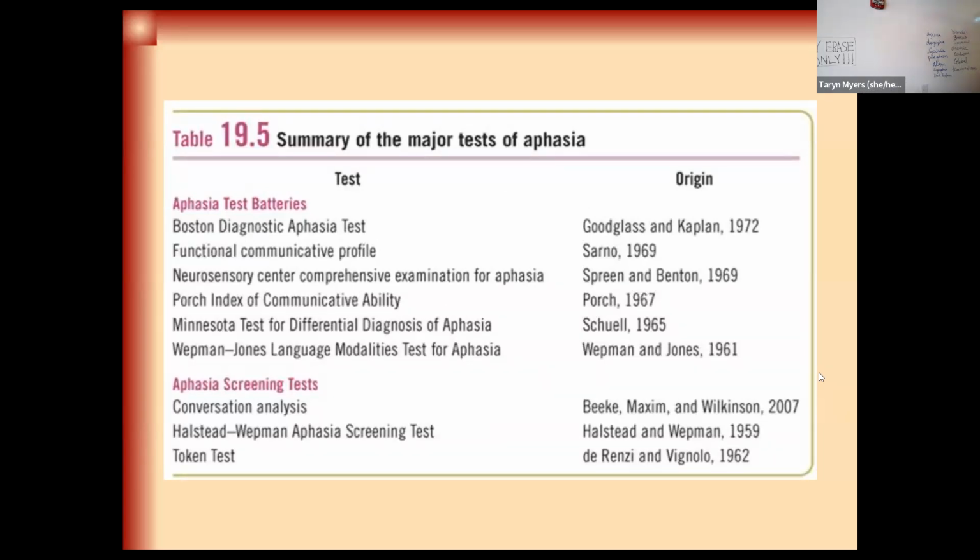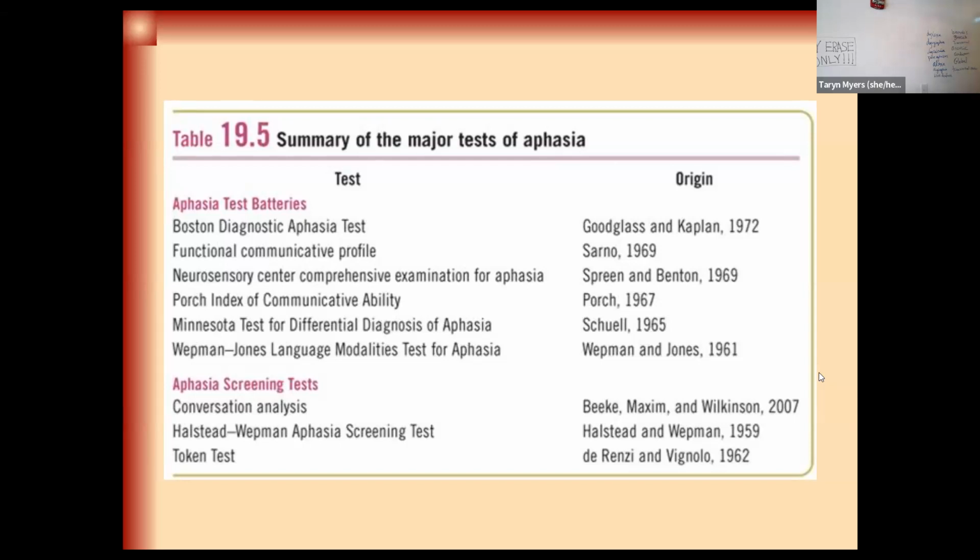So I think we mentioned the Boston Diagnostic Aphasia Test before. This is where the Boston Naming Test is part of it. I believe if you do the whole thing, it takes like 7 hours. But if you're really trying to parse apart what is going on for this person in terms of their language production and understanding, something like this can be really fun.